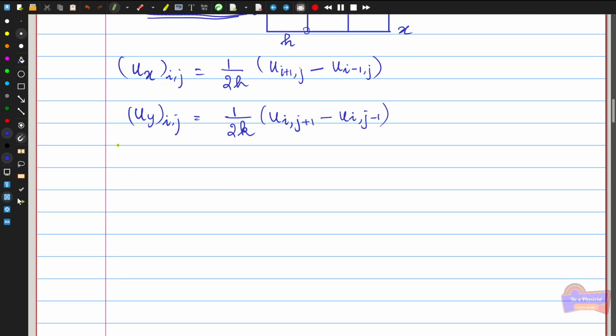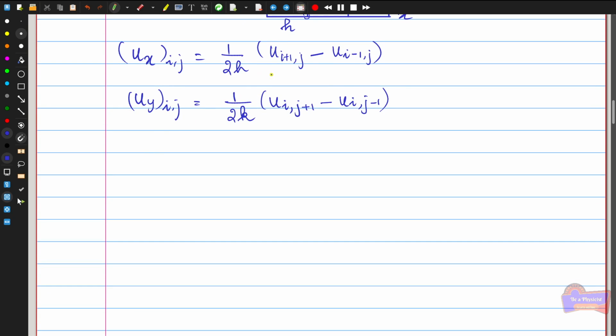Suppose you are again using the second order derivative, you can also go for the central difference approximation. For example, uxx of i comma j can be written as 1 divided by h squared times u of i plus 1 comma j minus 2 times u of i comma j plus u of i minus 1 comma j.